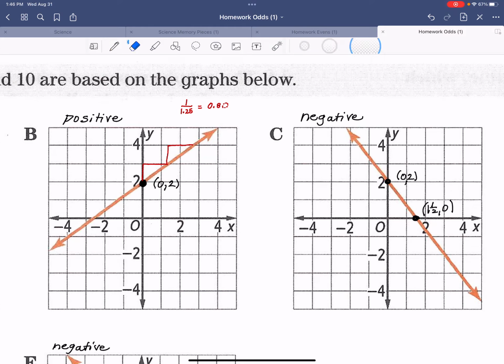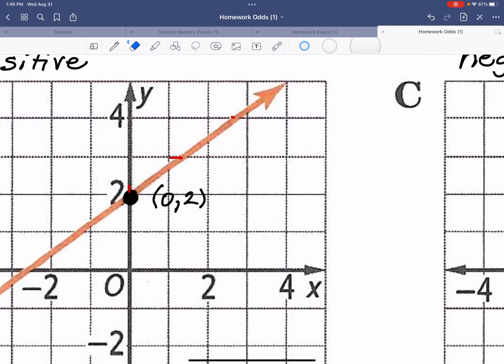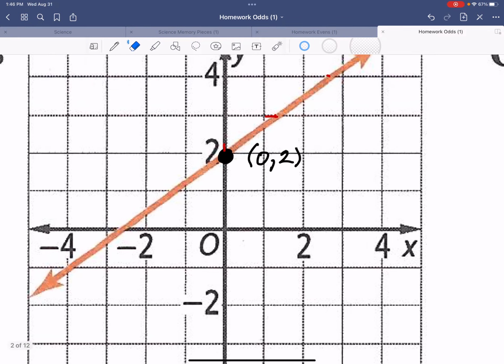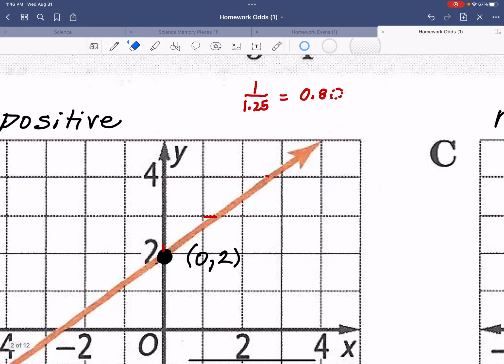But let me do this again and do the slope the way I should have shown you. I have a funky way of doing this that most people don't even relate to, but let's try it this way. Let's go from point to point. And I'm going to use this point right here. If that line kept going, this would be a point.